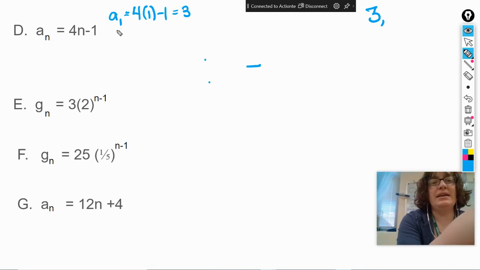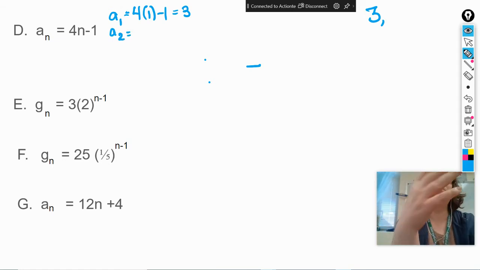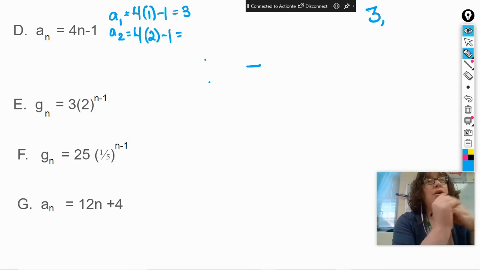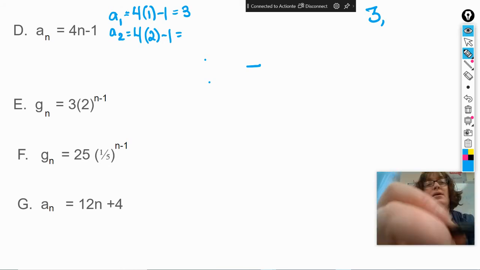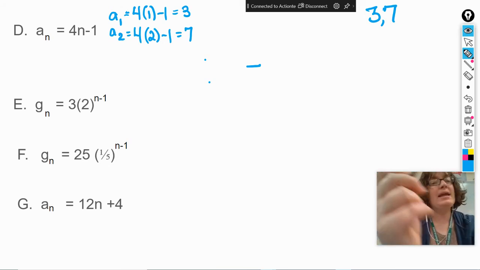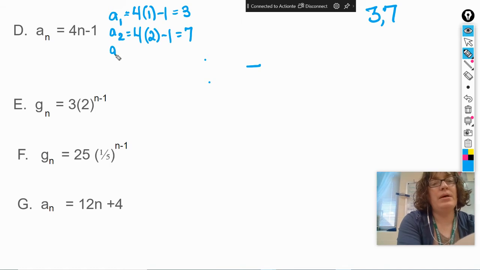To look for the second term, I'm going to replace n with 2 because the second term is a 2. So in this case, I'm going to take 4 times 2 minus 1. So 4 times 2 is 8, and 8 minus 1 is 7. So the second term in my sequence is a 7. I can continue on with this problem by finding the third term and plugging in a 3.